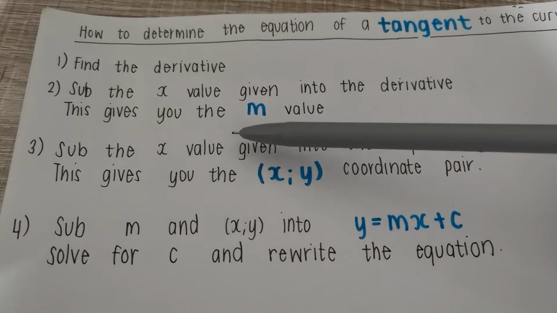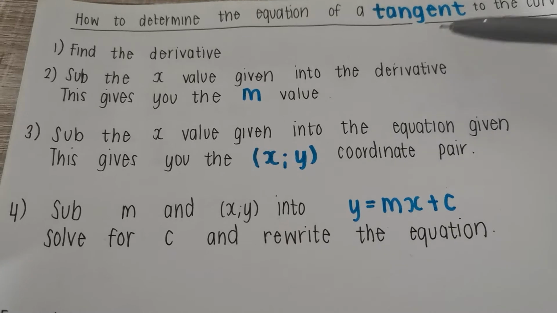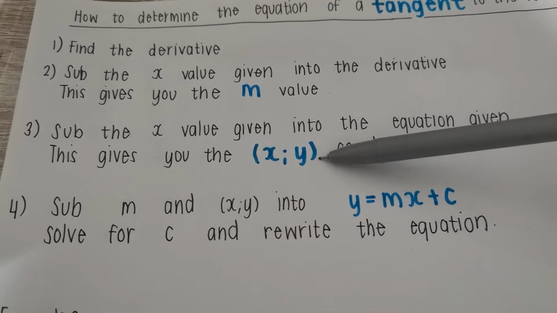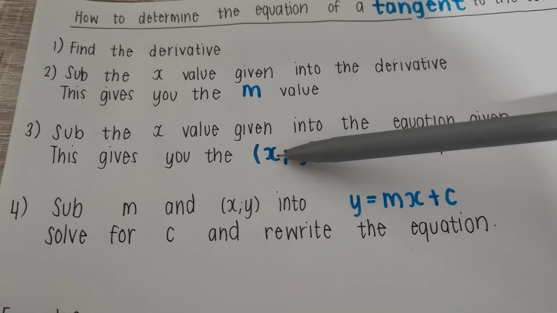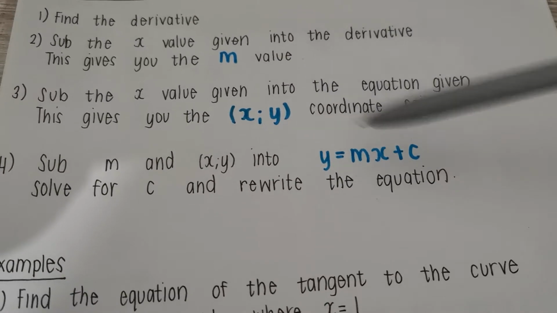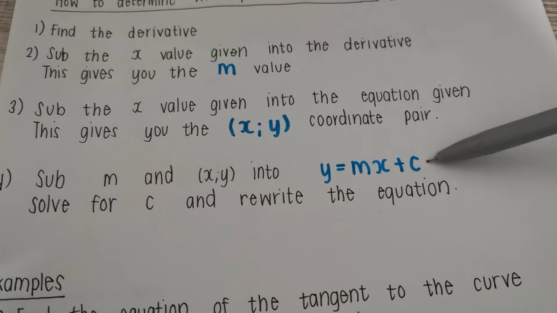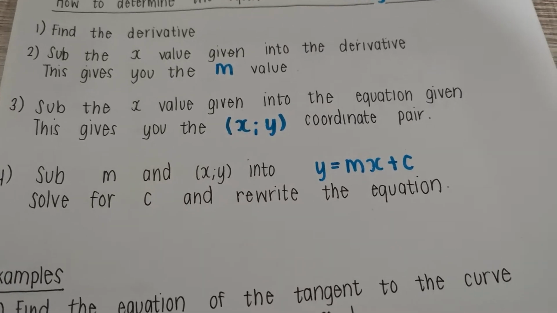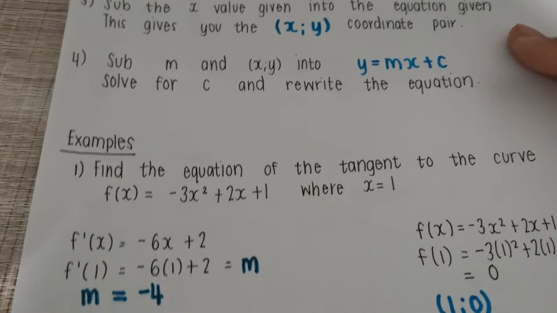Then you're going to also sub that x value into the normal equation that was given to you. That's going to give you the y value where that x value is, so it's going to give you a coordinate pair. You then sub in this m value and this x and y coordinate pair into y equals mx plus c. So here's an example for us to try.